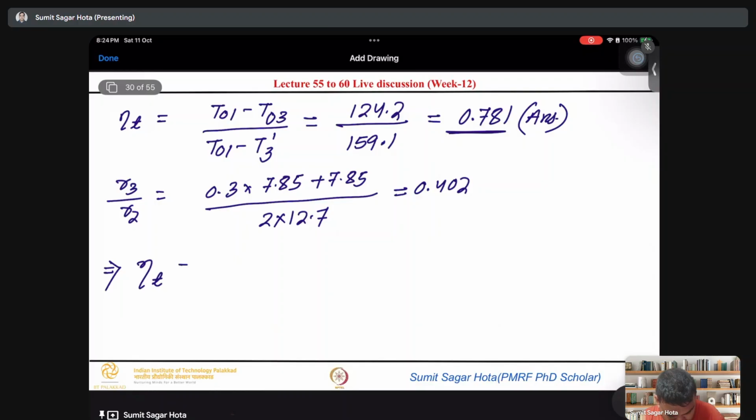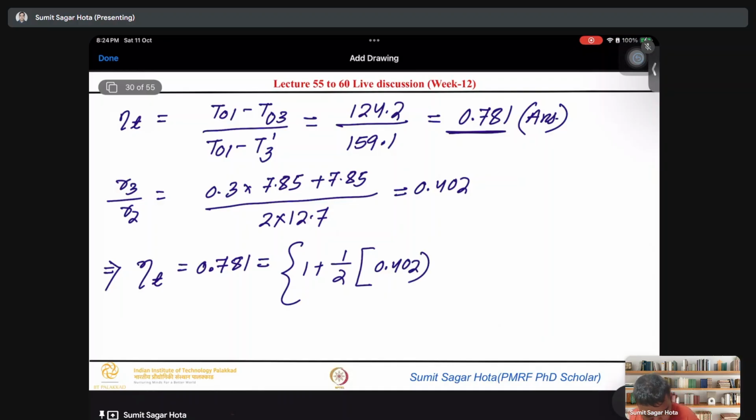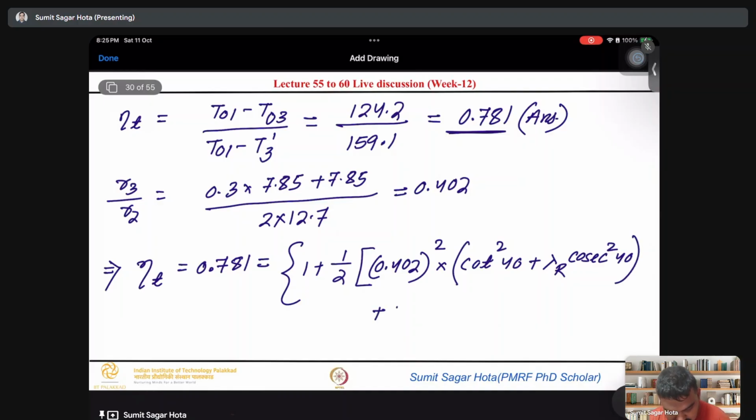Implies eta t is equal to 0.781 is equal to 1 plus 1 by 2, 0.402 square into cot square 40 plus gamma r cosec square 40, plus 0.07 cosec square 70, inverse.